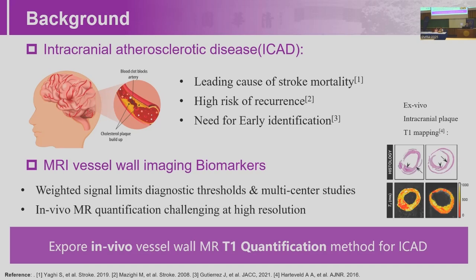Meanwhile, high-resolution in vivo T1 mapping MR technique is very challenging due to the requirements of high resolution, while ex vivo T1 mapping has been reported for ICAD. Based on the above, our aim is to develop a T1 mapping sequence for intracranial plaques.